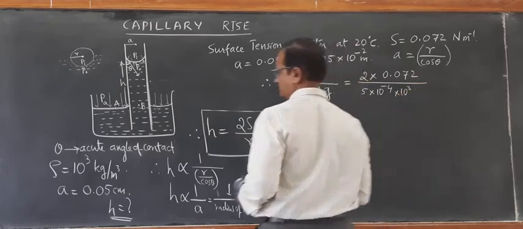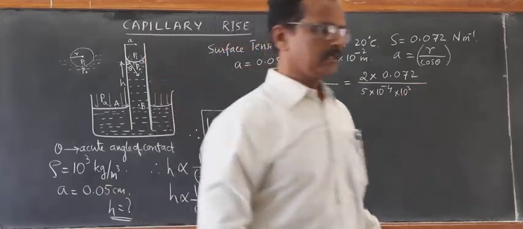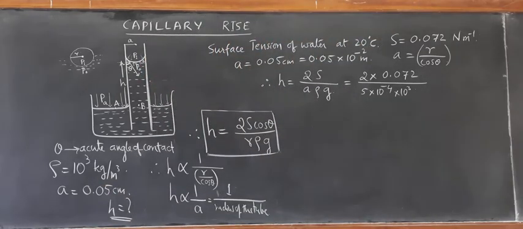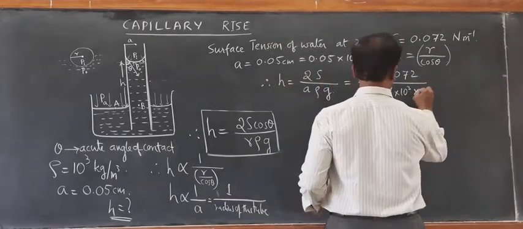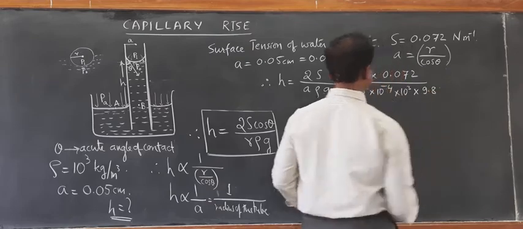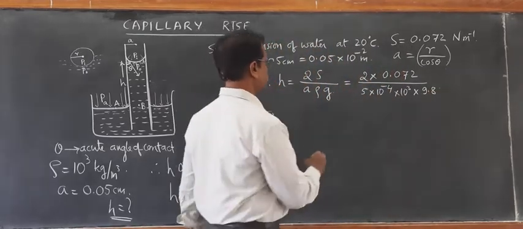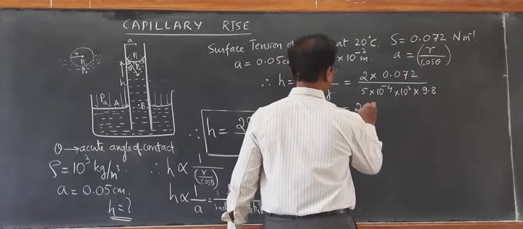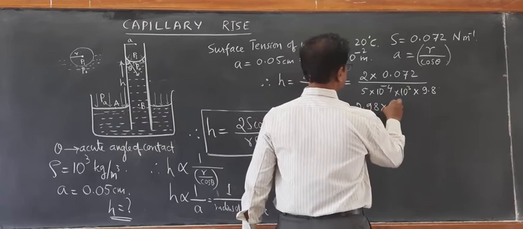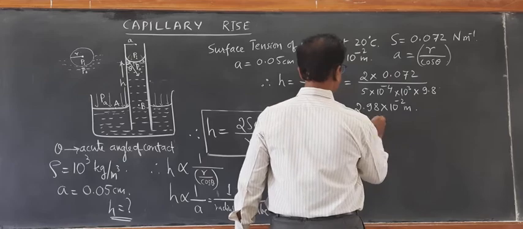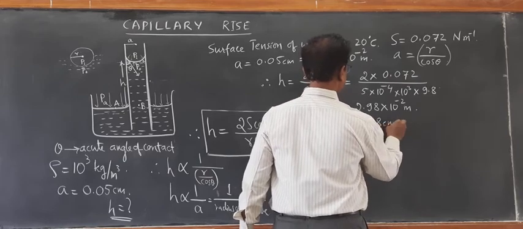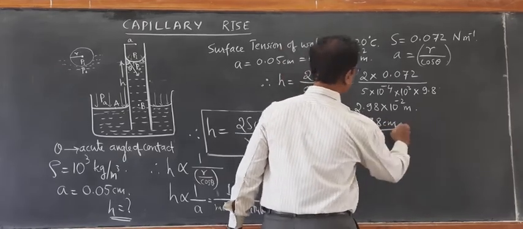The density of water is 10 raised to 3 kg per meter cube, and acceleration due to gravity 9.8. If you substitute this, it comes out to be 2.98 into 10 raised to minus 2 meter. That is 2.98 centimeter. This is the capillary rise.